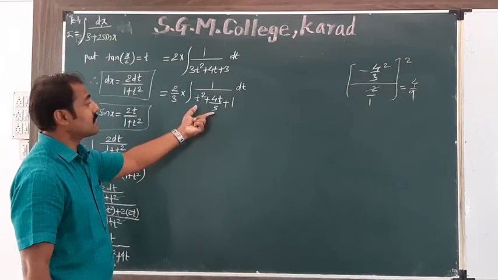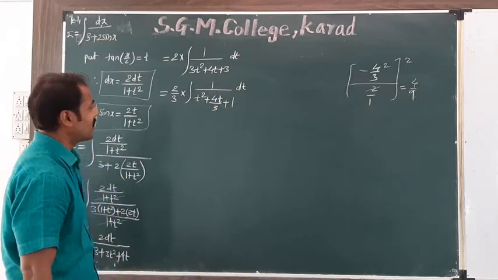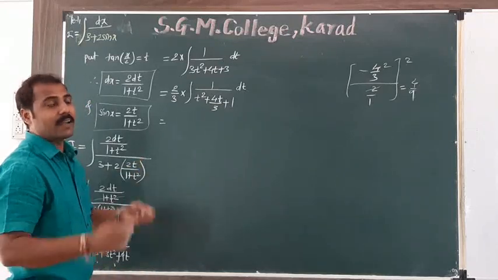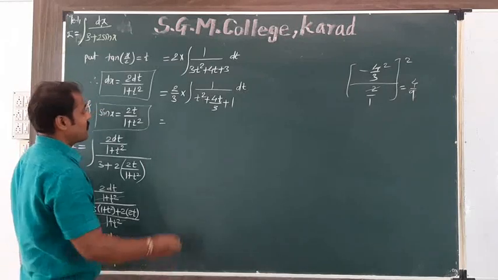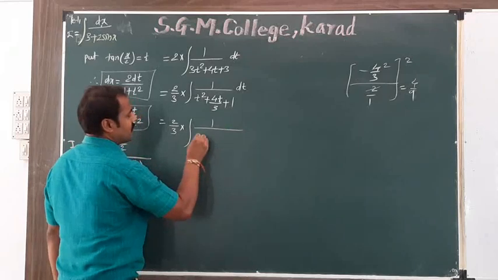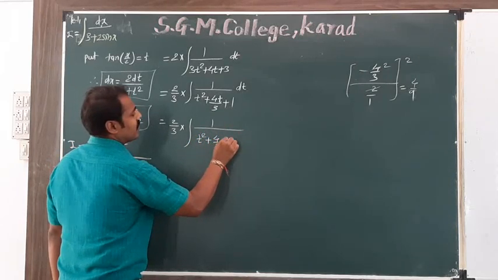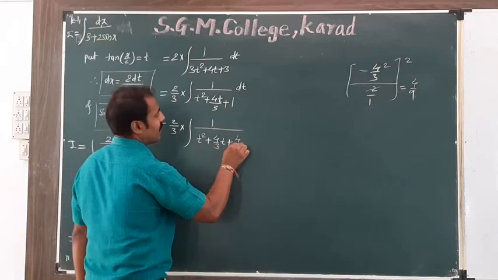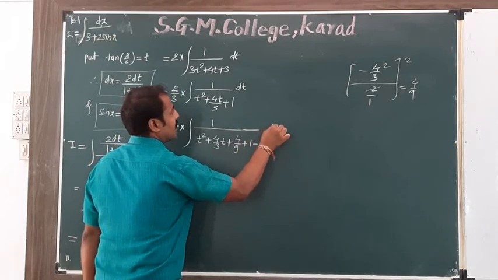Here we add 4 by 9 at the third place and subtract it at the fifth place. So the integral is 2 by 3 into the integration of 1 upon t square plus 4 by 3 t plus, what is the third term? 4 by 9, plus 1 minus 4 by 9, dt.